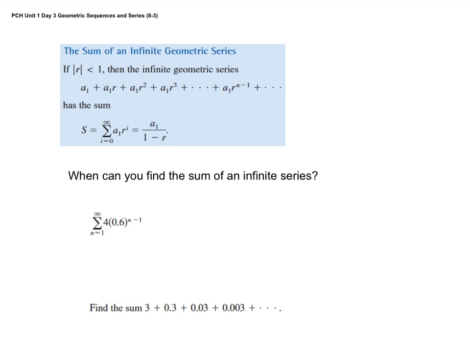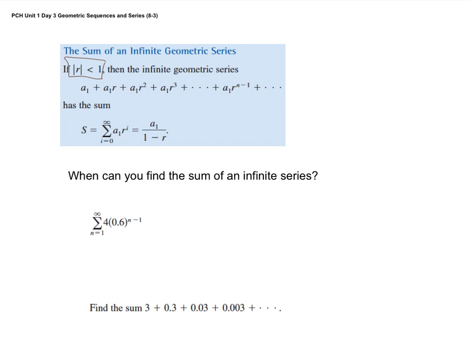And that's our formula for the sum of an infinite geometric series. Now, this only works in certain cases, though. It only works if your common ratio has an absolute value less than 1.